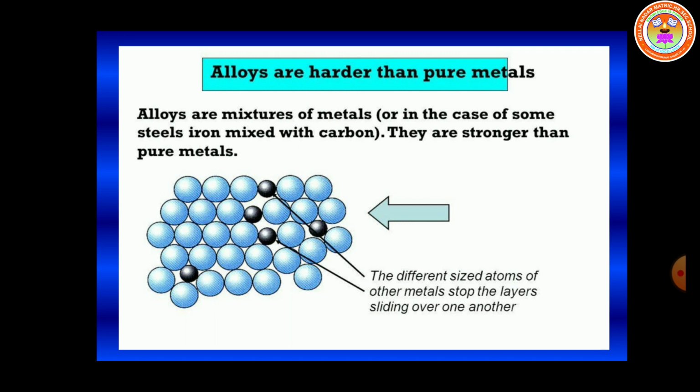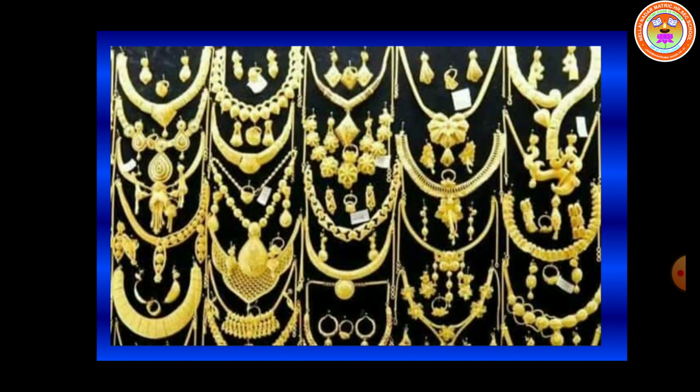We know alloys are mixtures of metals. In an alloy, two or more metals are present. So, alloys are hard in nature. For example, gold mixed with copper is harder than pure gold.